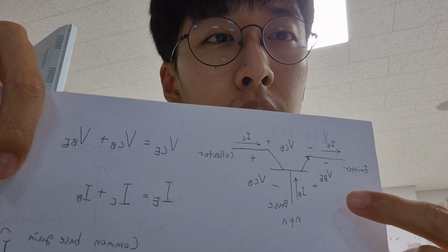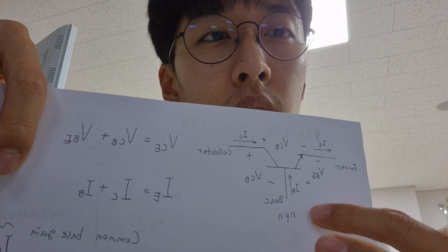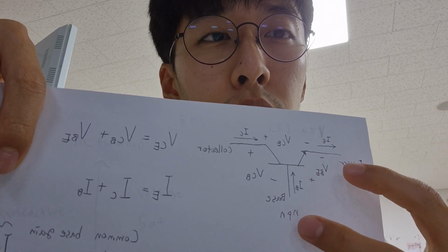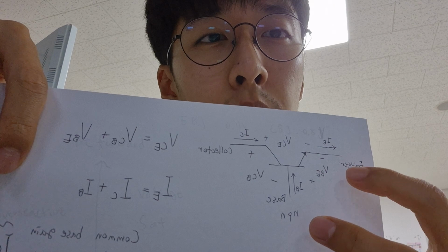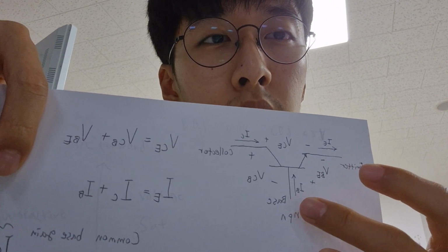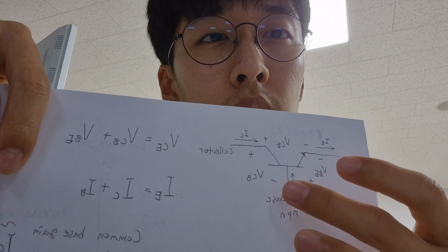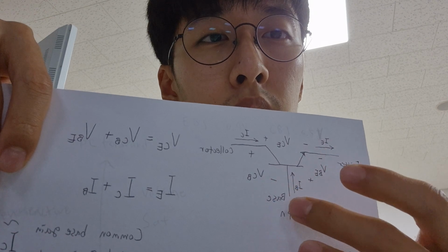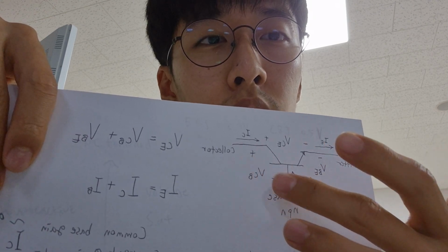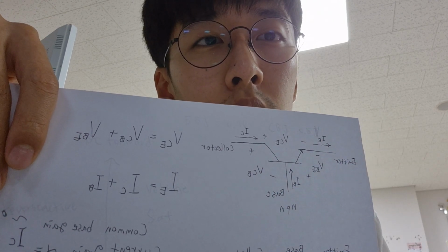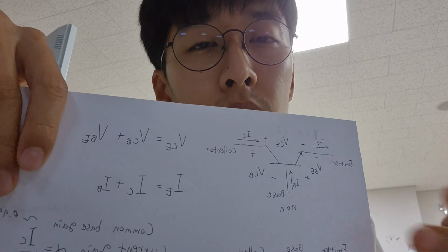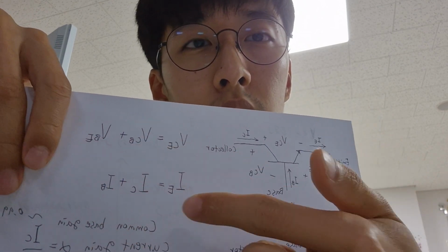This voltage means the voltage between the emitter and base is VBE, and VCB is the voltage between the collector and base.